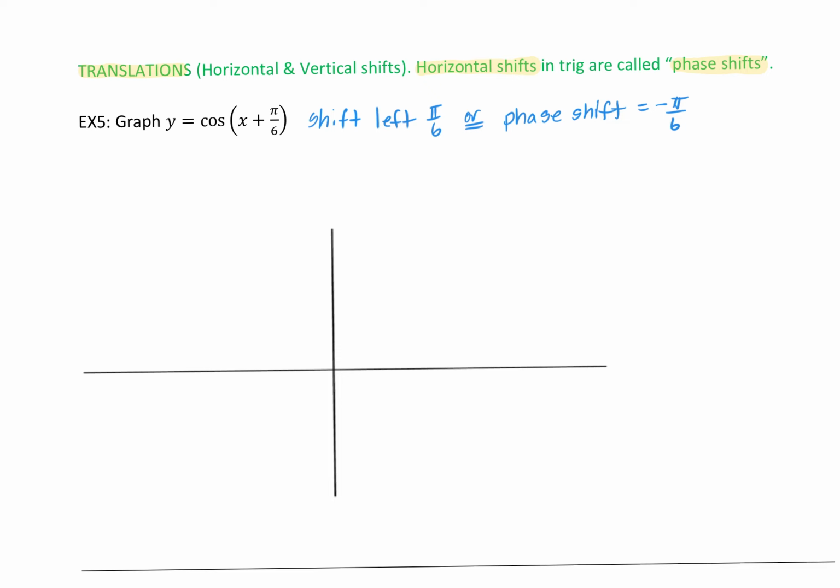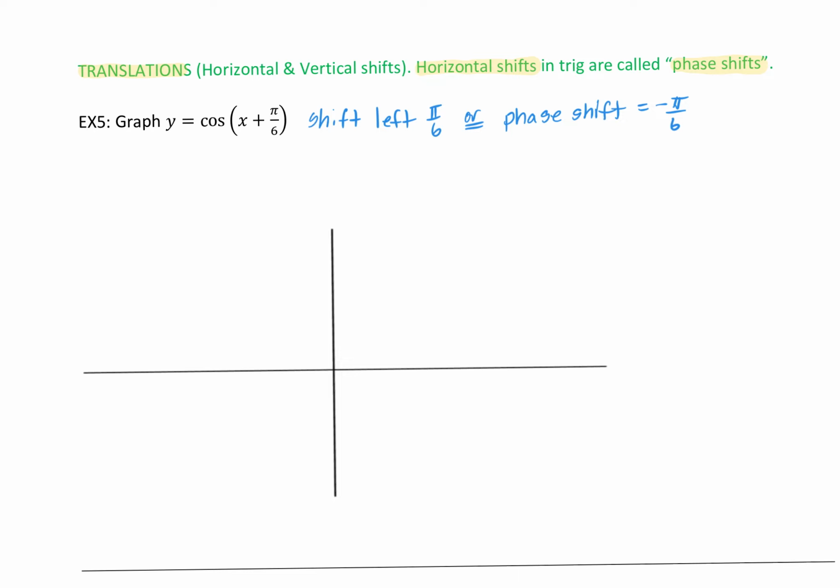If it's an x minus some value, it would be a shift right, so the phase shift would actually be positive, so that we understand that we're going to shift in the positive direction, whatever units it is.